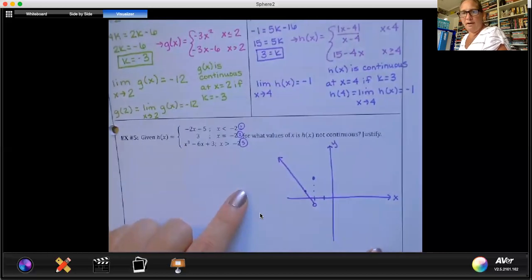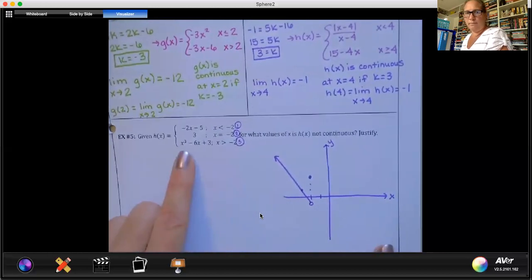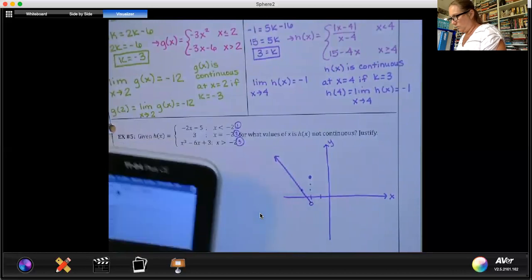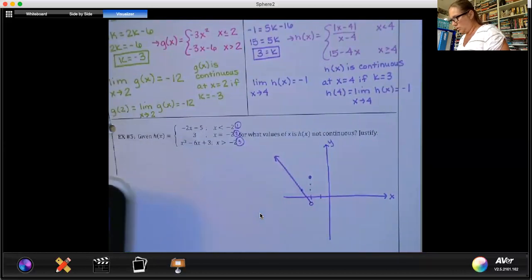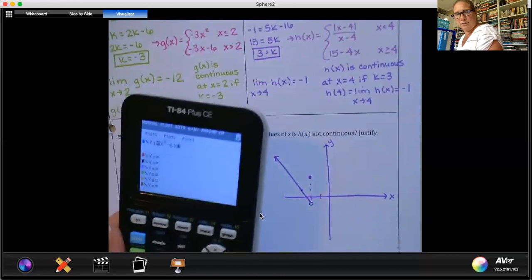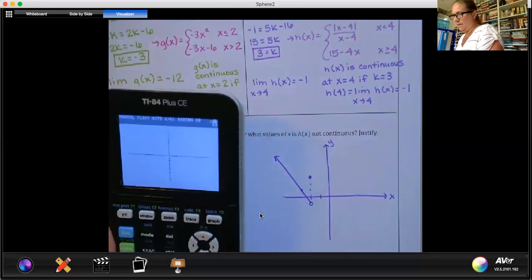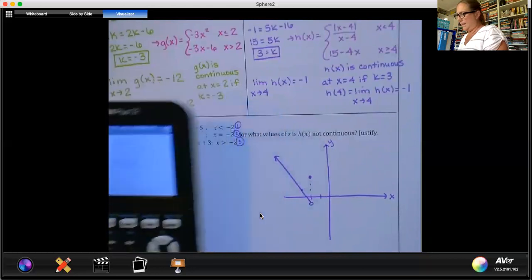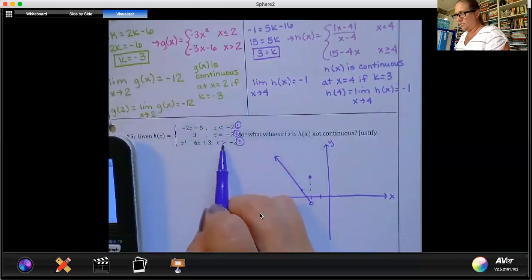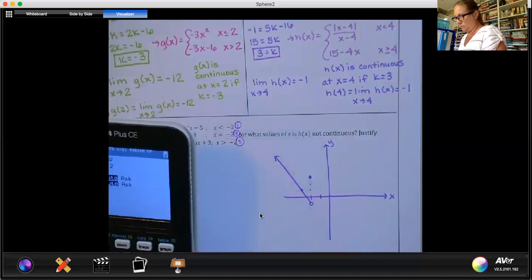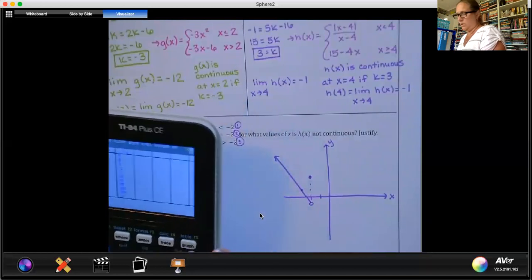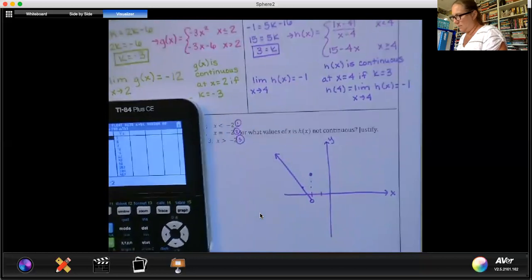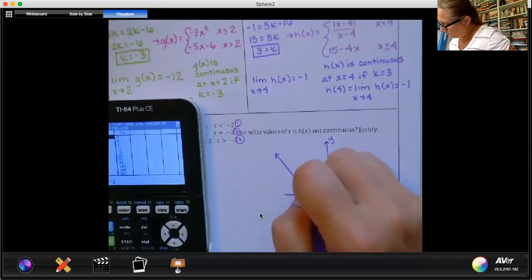Now, off the top of my head and your head, you probably don't know what this looks like. I actually used my calculator to graph that part and my table to plot it. So x cubed minus 6x plus 3. Graph it. See that it is a cubic function. It's going to be a curve. And I need to know values x greater than -2. So -2, 7 is going to be open. 1, 2, 3, 4, 5, 6, 7.